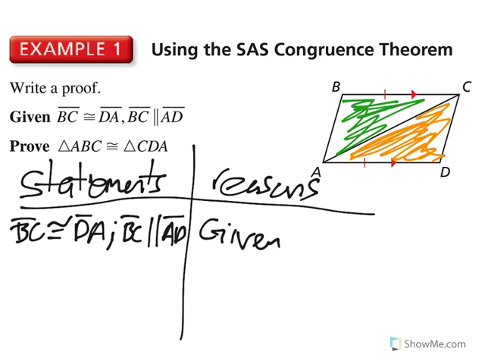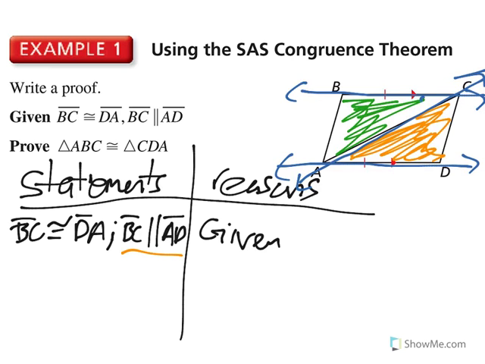So when I look at this, let's look at our second statement here. We have that BC is parallel with AD. If they're parallel to each other, think about parallel lines and transversals. Notice if I were to extend this BC and this AD, so I have two parallel lines here, and then if I extend AC to be my transversal, then I can look at alternate interior angles and they will always be congruent.